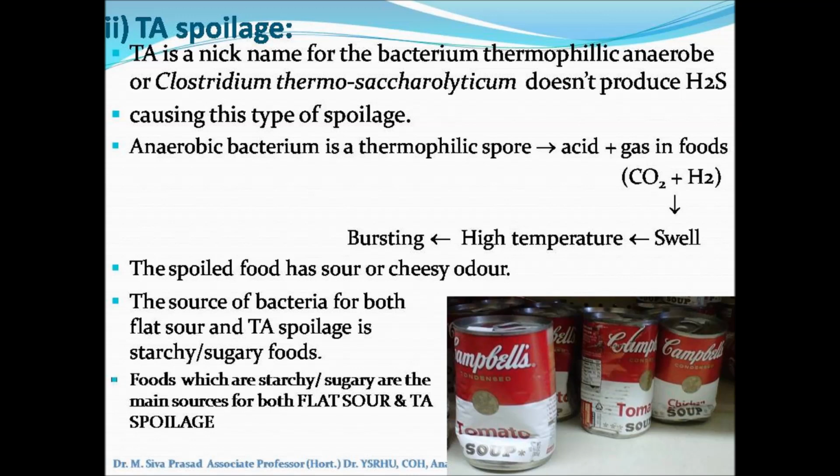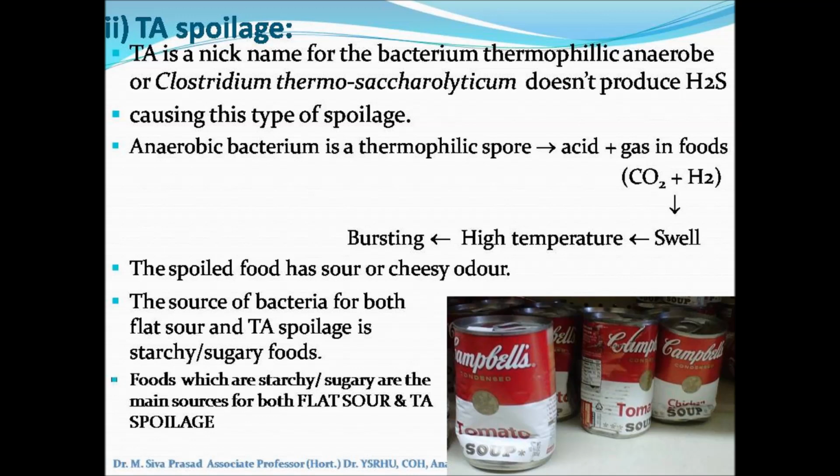Here you can observe that in the previous spoilage, flat sour, there is no swelling and no production of gas; the food just becomes sour and remains flat. But in the case of TS spoilage, the cans become swollen because of the production of gas.